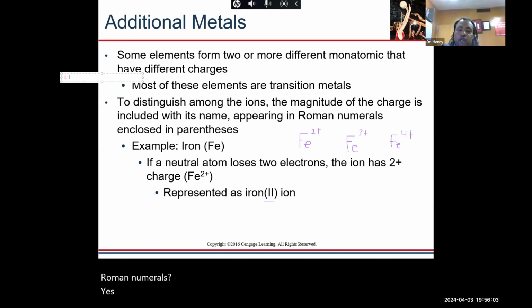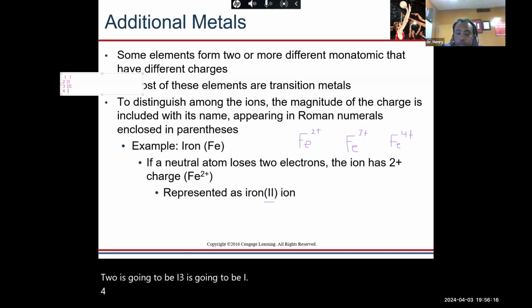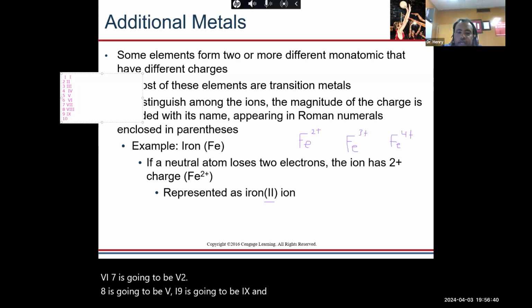So everybody knows that 1 is going to be I. 2 is going to be II. 3 is going to be III. 4 is going to be IV. 5 is going to be V. 6 is going to be VI. 7 is going to be VII. 8 is going to be VIII. 9 is going to be IX. And 10 is going to be X.